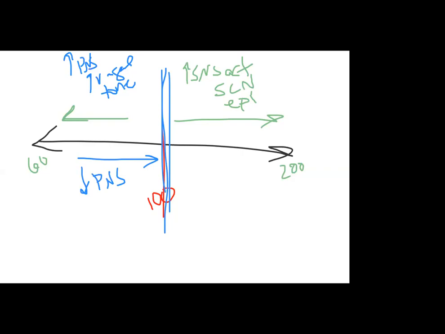Okay, so same information, just drawn in a different way in a graph. So this is increasing intensity. This is heart rate. Sorry, the writing is, I have not mastered writing on this thing.